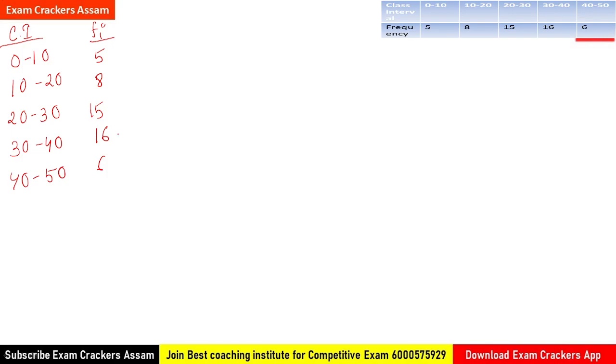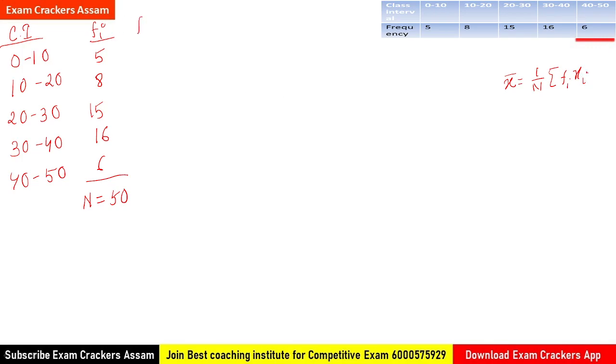Okay. So first we need the mean, right? For the mean we need capital N first. So capital N is summation fi. If you add all these values, you will get 50. N is your 50. So here we write the formula: x bar is 1 over n summation fi xi.